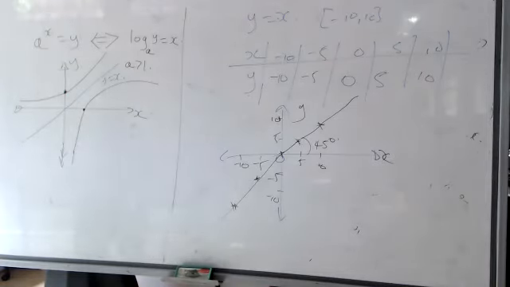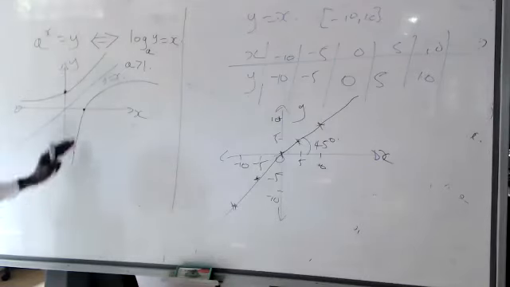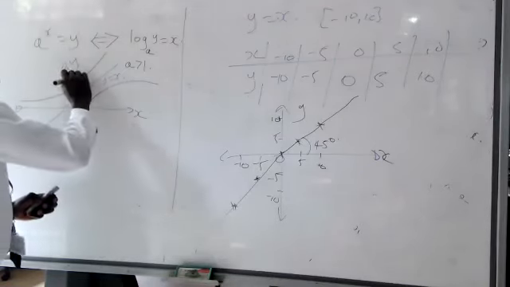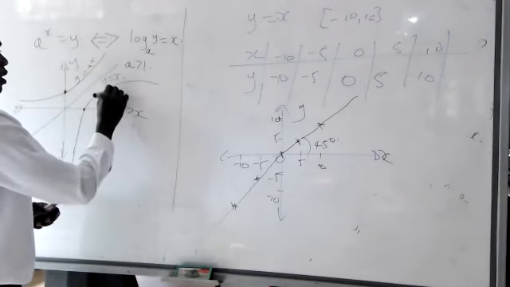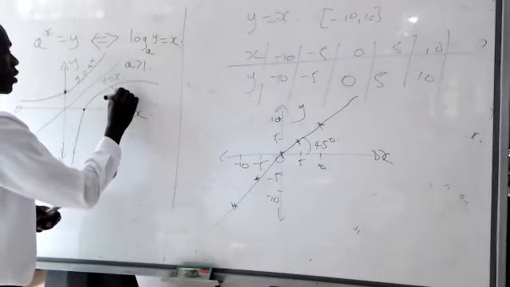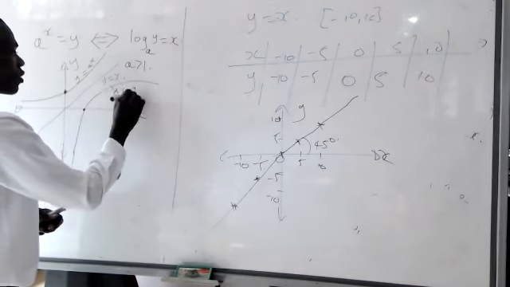Again, as we said before, the line y is 0, the x-axis, is an asymptote of the exponential function. Similarly, the line x is 0, or the vertical axis, is an asymptote to the logarithm function. So this is the function y is a to the x. Here, we have the function logarithm to the base a of y.